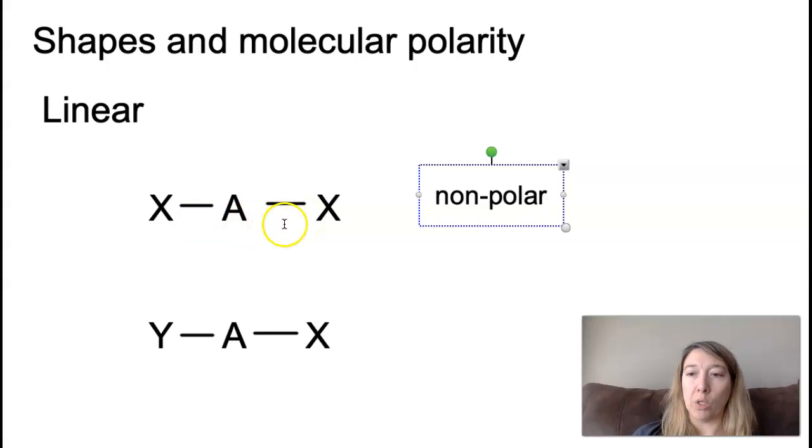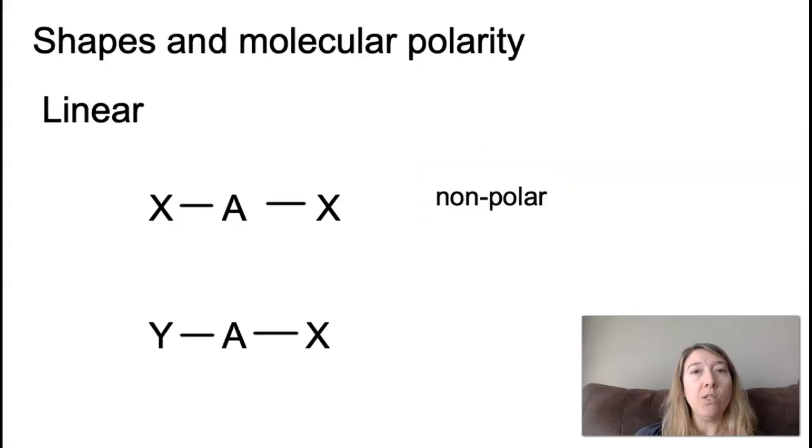Think of a tug of war. If both groups are pulling with the exact same force, the rope doesn't move, which is why we wind up with something that's nonpolar. However, if we have two different non-central atoms, the molecule is going to be polar. What we need to look at is what's the electronegativity of this one and what is the electronegativity of this one.